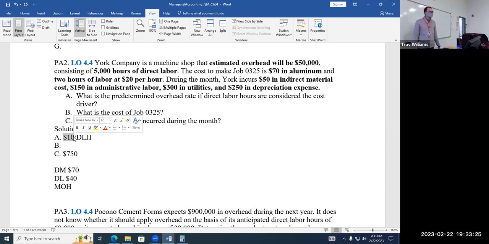How many direct labor hours were there? Two. So we take the $10, multiply it by the 2 hours, and we get $20. Now, if we add up these three costs, we get $130, right? That is the cost of that job.